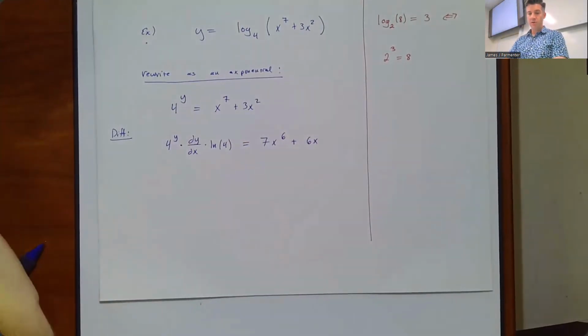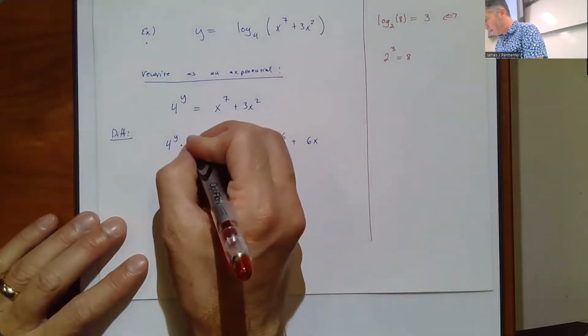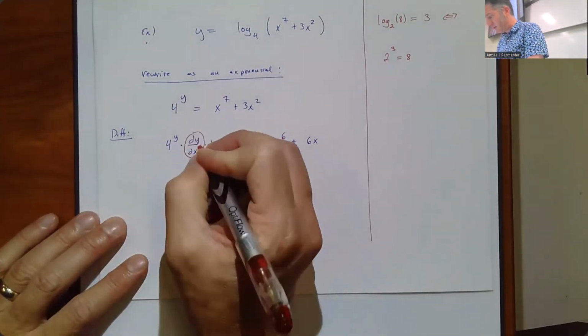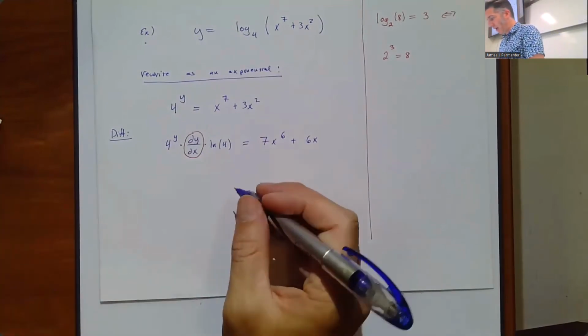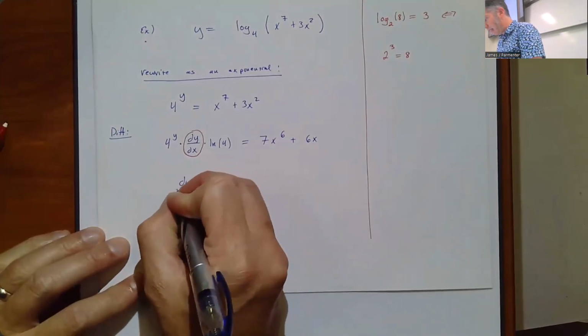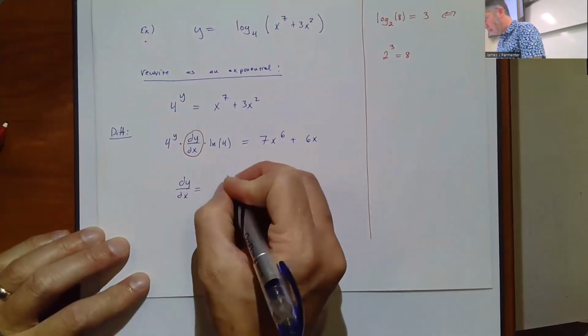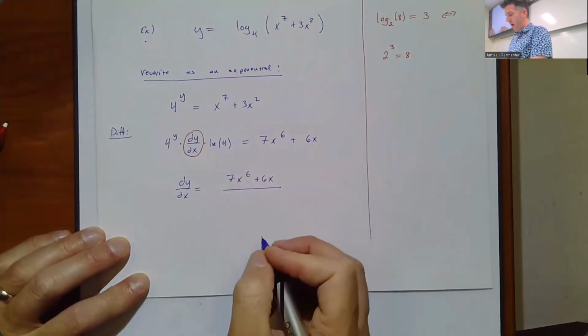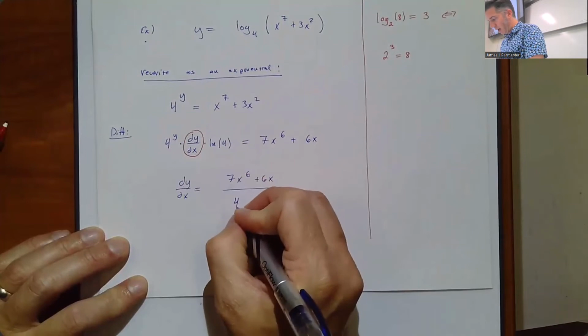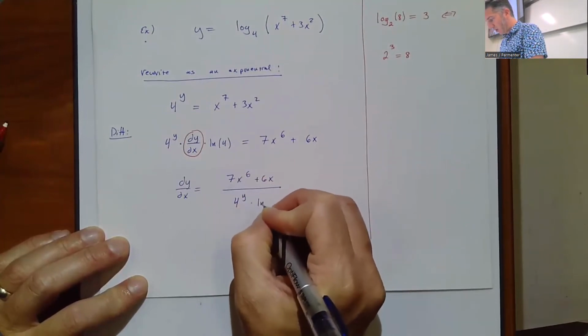Okay, I'll remind you, I'm trying to find the derivative of y. So everything else I don't need on that side. I need to divide by it. So I have that dy/dx is equal to 7x to the 6th plus 6x divided by 4 to the y times the natural log of 4.